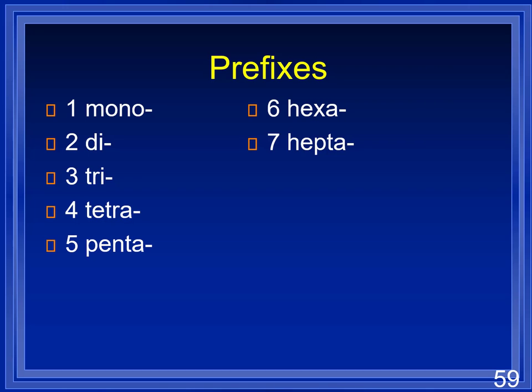Almost everybody knows 8, though. 8-armed sea creature. Octopus. Octa means 8. Octagon, the squared circle. 9. Nona.